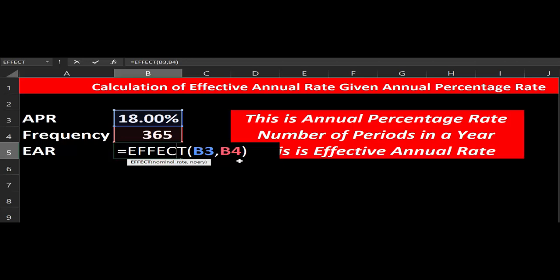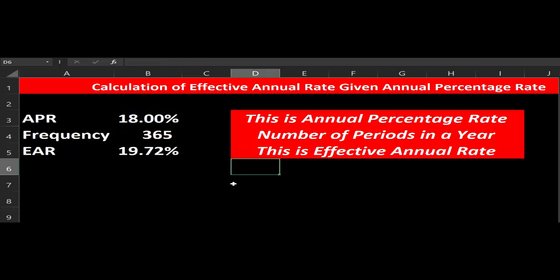Let's mark it so that we can unzoom from here. Now we can make comparisons. Let's say you have another loan with the same credit card company or a different credit card company, but they say we are compounding interest weekly. They are also telling you they are going to charge you 18% APR. Well, which one to pick? The daily one has an effective annual rate of 19.72. The weekly one, how many weeks are there in a year?